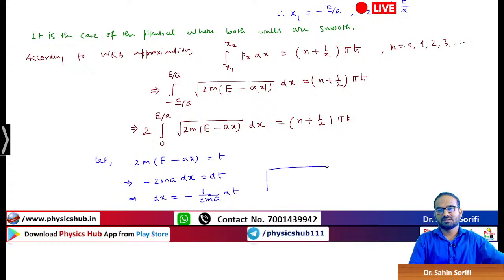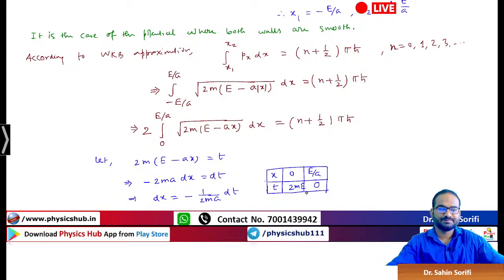Let's change the integration limits. The limits for x were 0 to E by a. If you put x equals 0, t becomes twice m E, and if you put x equals E by a, t becomes 0.